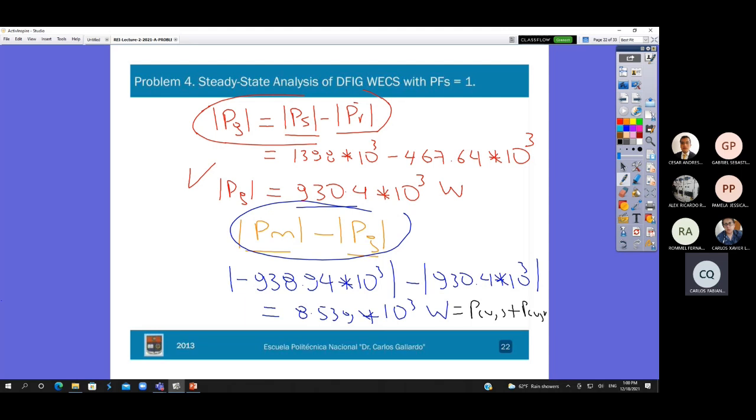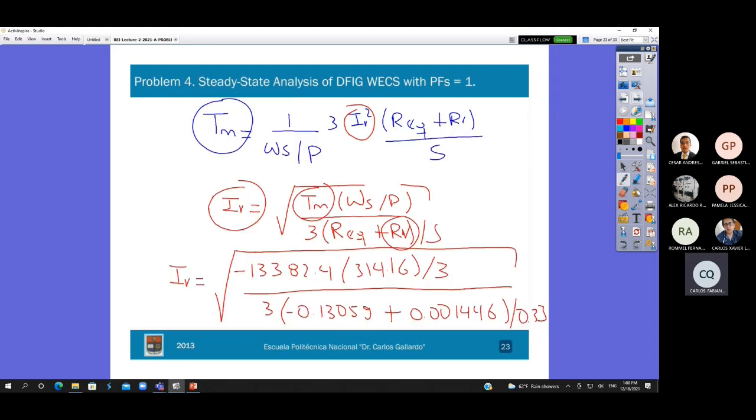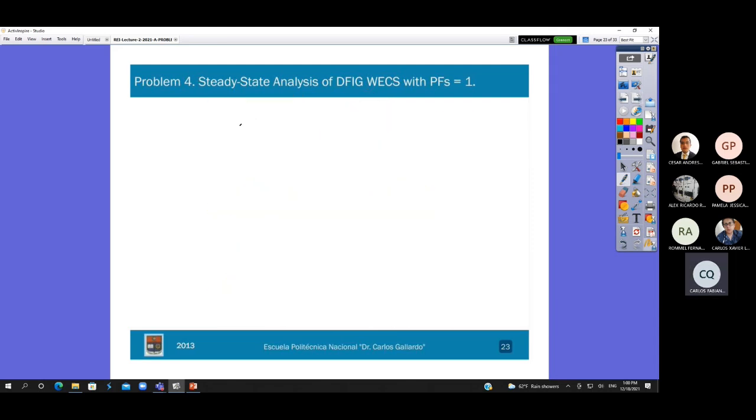The problem is asking me to compute the efficiency of the doubly fed induction generator, neglecting rotational and core losses. Therefore, the efficiency, by definition, is the grid power, which is the output power, over the mechanical power.